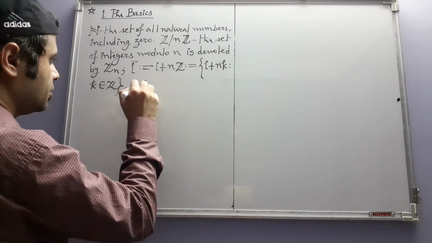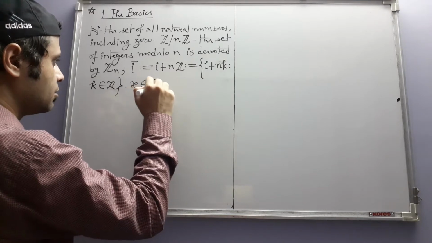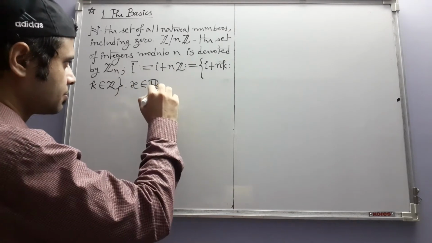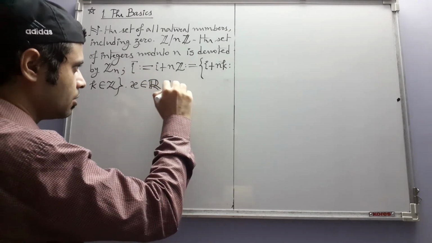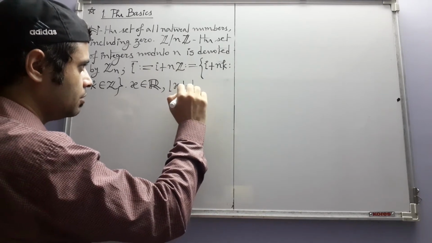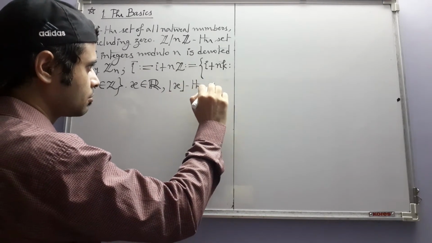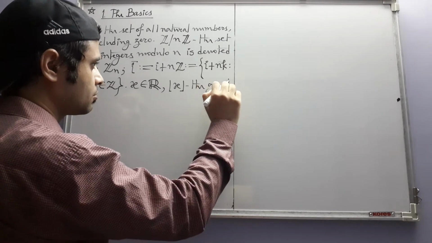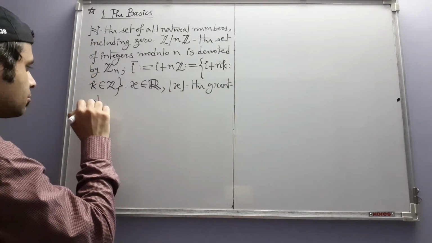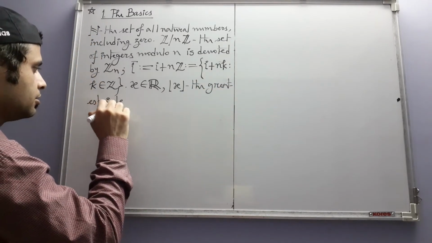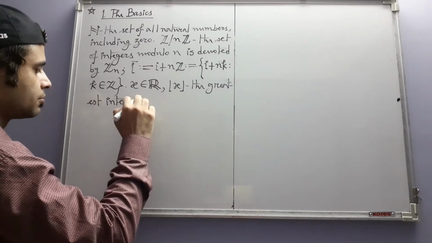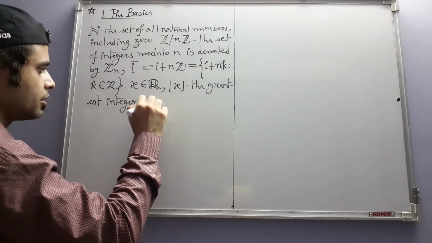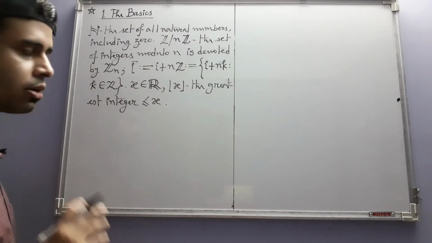Then say we have a real number x, then by this symbol we mean the greatest integer less than or equal to x. I am writing in short like this.